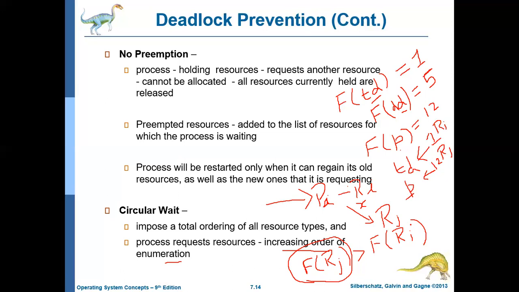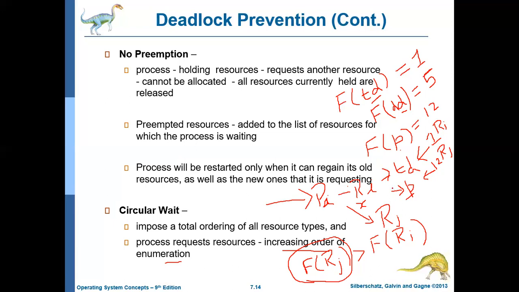For example, if the process first requests the printer and then requests the tape drive, it won't be allocated, and it will be asked to give up the printer first.